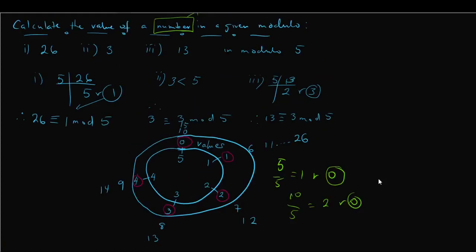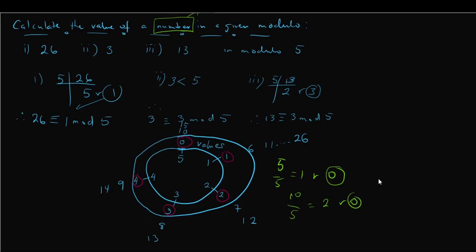Now, the value for the other numbers on the same line as 5 is also 0. For example, the number on the second cycle of numbers is obtained by adding the modulus to the number. For example, if you add the modulus 5 to 5, you get 10. If you add the number 5 to 1, you get 6.